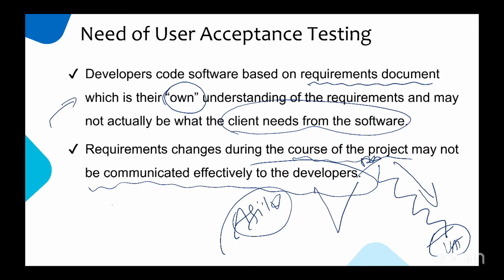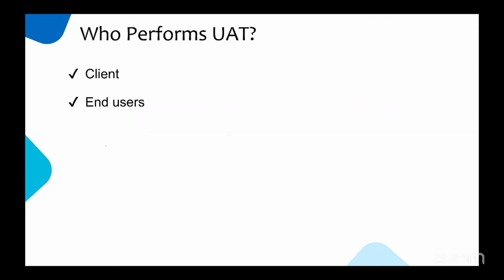But here they are very specific about the requirement change. As I said, who does it? Client and the end user. But in reality, it will be done by the QA team only, to my knowledge. Very few projects I have seen where the testing team will be there, but the customer will do it.